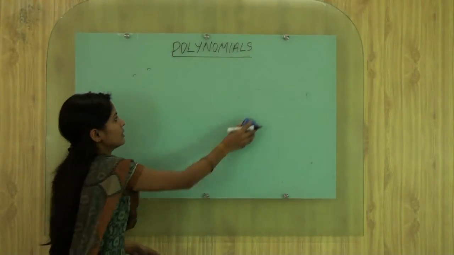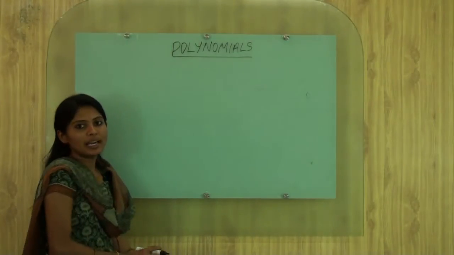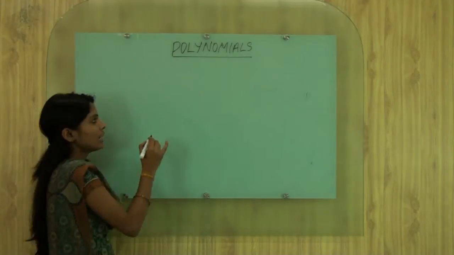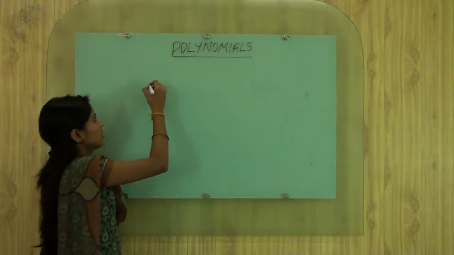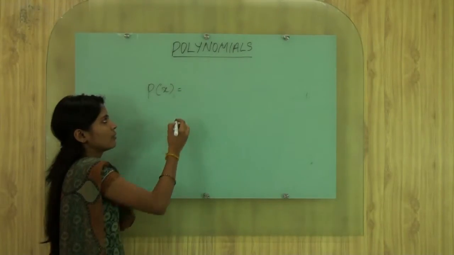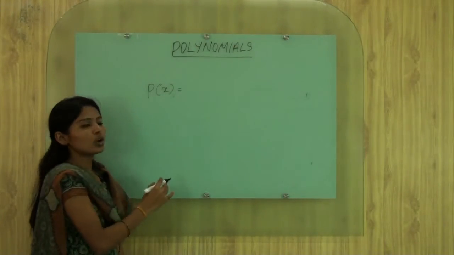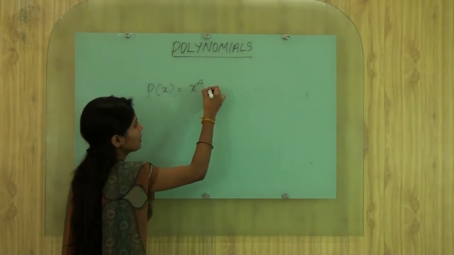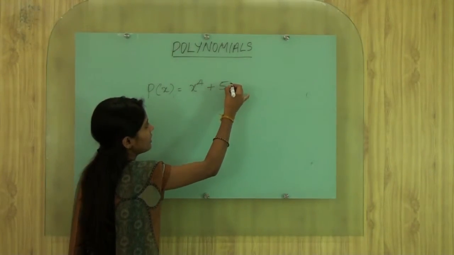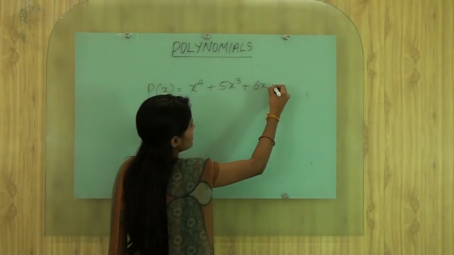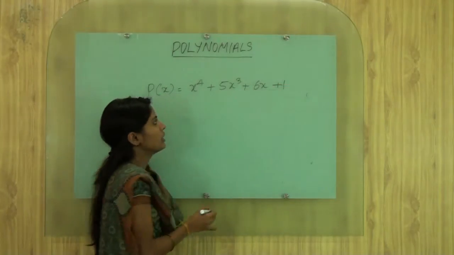Let's consider a polynomial in variable x. It can be represented in the form of p of x or g of x. Whichever name you want to give, you can give. P of x, let's say x to the power 4 plus 5x cube plus 6x plus 1.